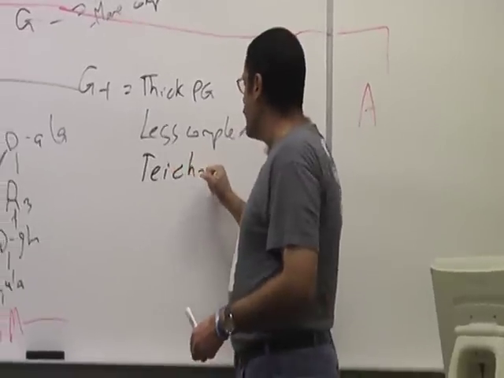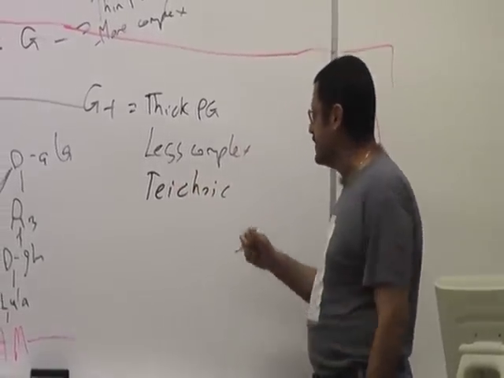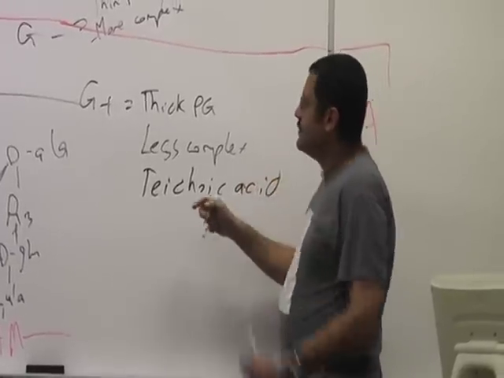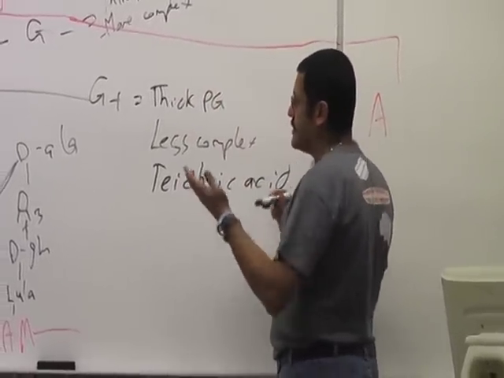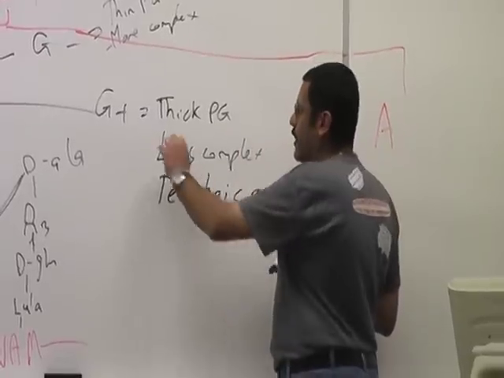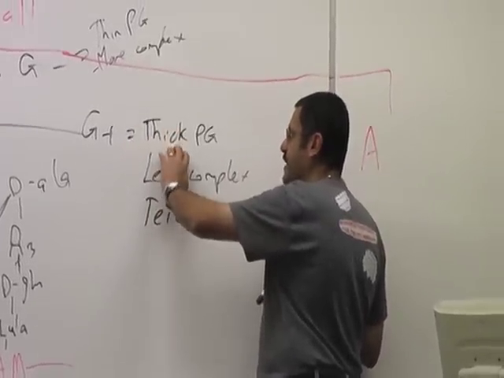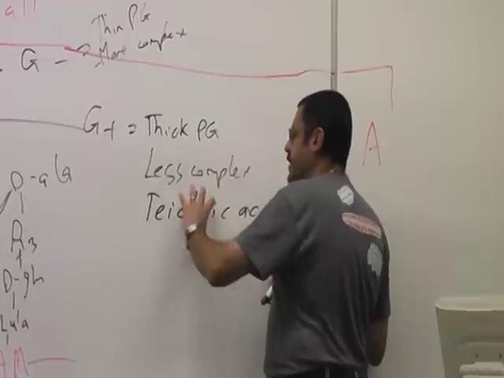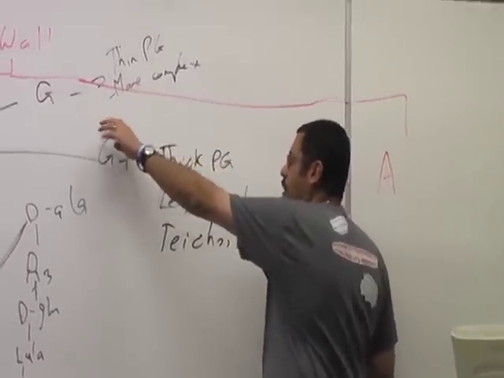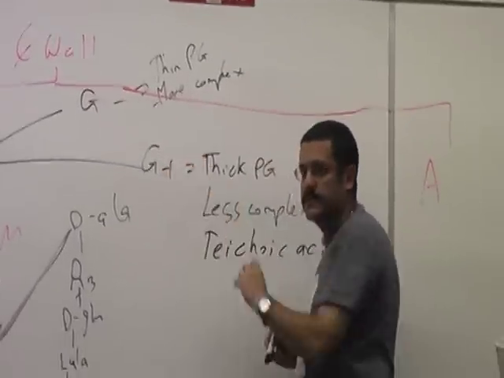I'm not going to ask you what is the composition of teichoic acid. So far it doesn't make sense what we're saying, that the gram-positive is thick but less complex, and we're adding teichoic acid which is not there. So how can this be more complex than this?